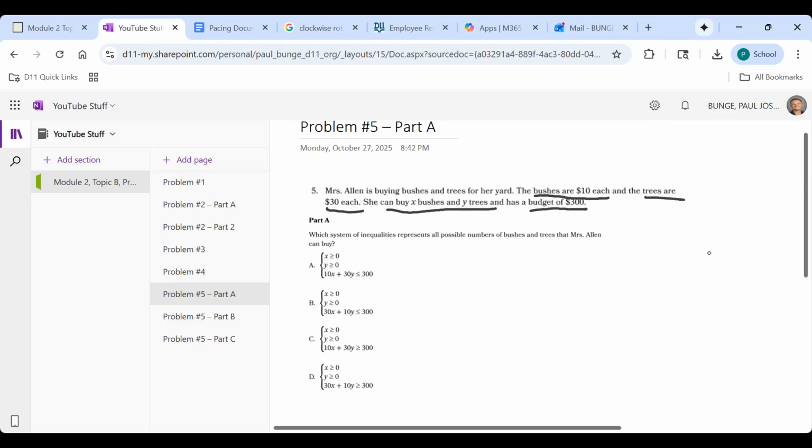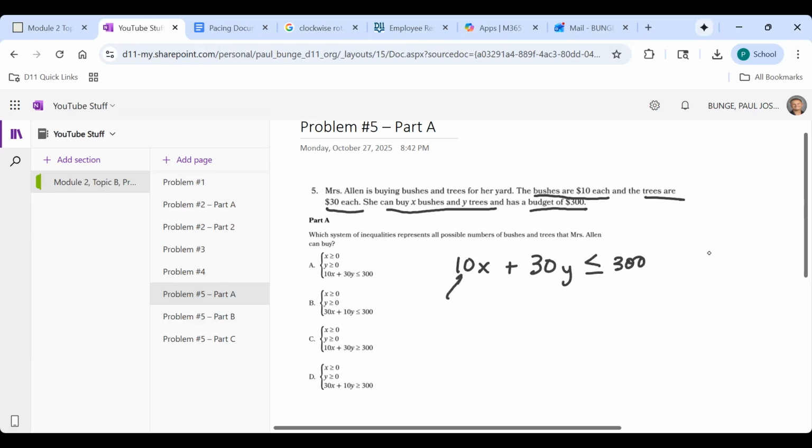I'm going to use this information to create an inequality. Mrs. Allen cannot go over $300, but we can equal it because that's still within the budget. So I'm just going to label these pieces.